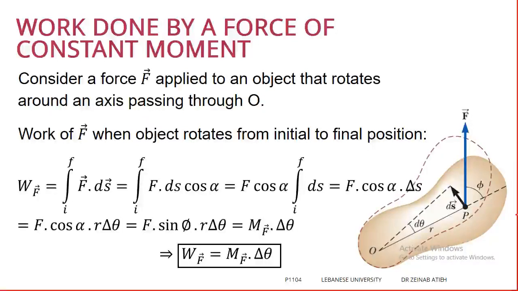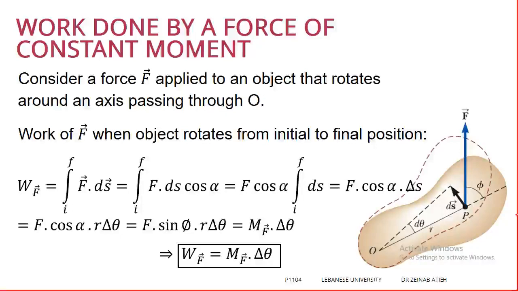Assume I have a force applied to an object that rotates around an axis passing through O, as you can see. The work of F when the object rotates from an initial to a final position. So the object is rotating and F is for sure rotating with the object. So for the work of F, the object is displaced by a distance ds.